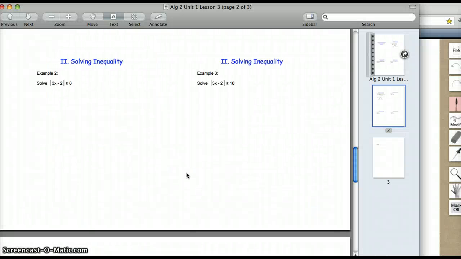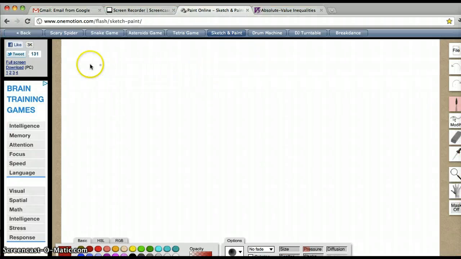Okay, so the absolute value of 3x minus 2 is greater than or equal to 8.